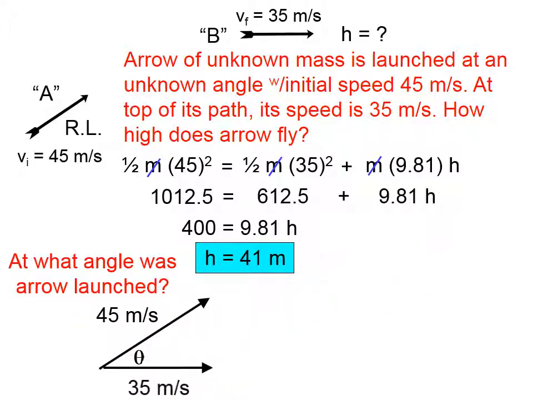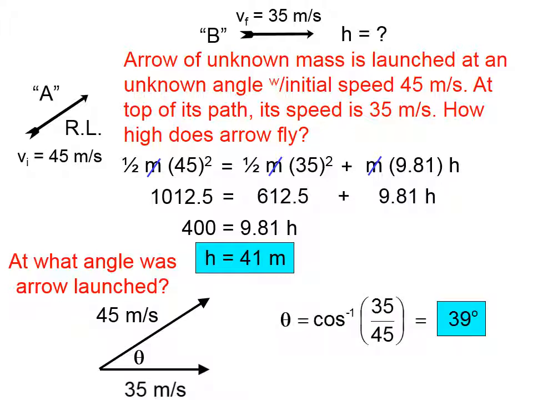X, or horizontal velocity, is constant throughout the motion, which means we know this leg of the right triangle and essentially the hypotenuse. So isn't it true that theta would be the inverse cosine of 35 over 45? That angle turns out to be 39 degrees.